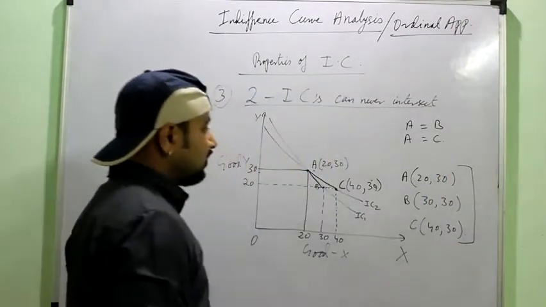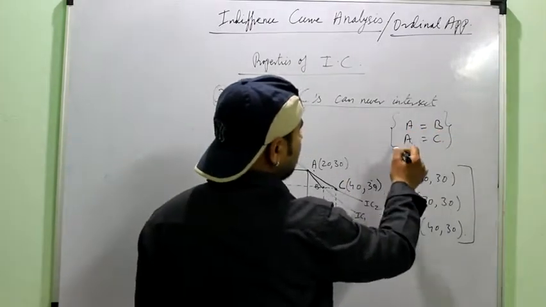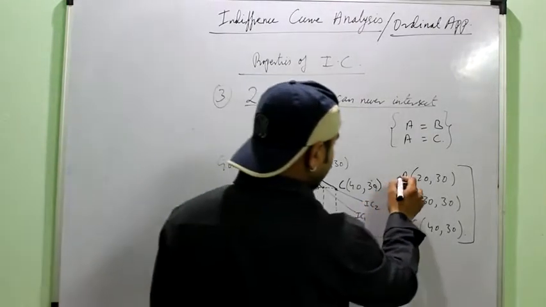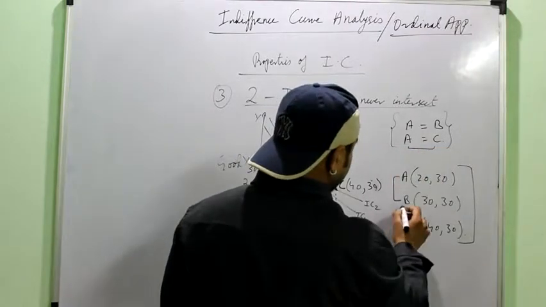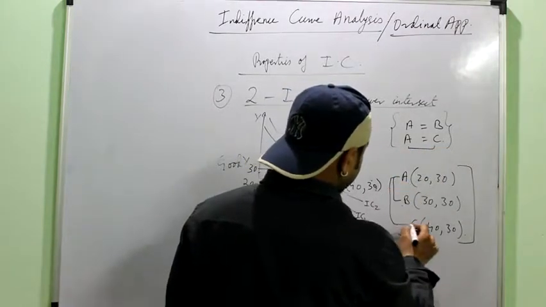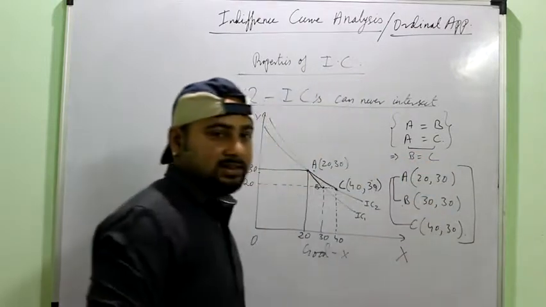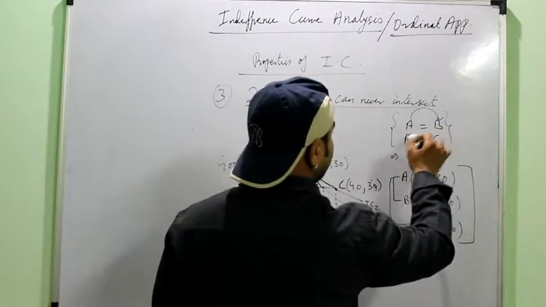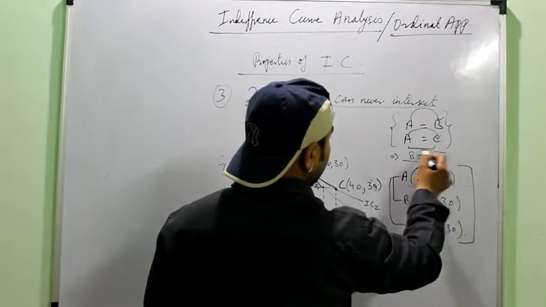Looking at these bundles, you can see that from the concept of the indifference curve, A and B are equal, and A and C are also equal. So I get that B is also equal to C, right? It means satisfaction from A is equal to B and satisfaction from A is also equal to C. Applying mathematical induction, B is equal to C.